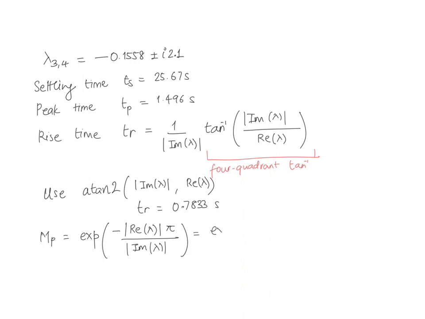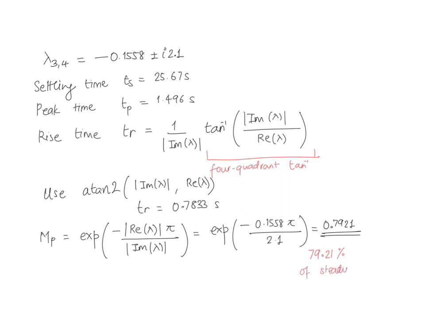So in this case, it will be e to the minus 0.1558 times pi divided by 2.1, and that works out to 0.7921. Okay, so what does this mean, this 0.7921? This means that the peak overshoot is 79.2% of the steady state value.